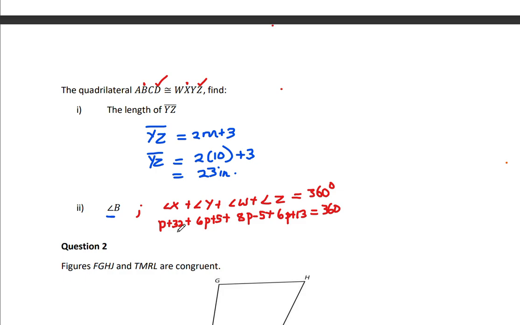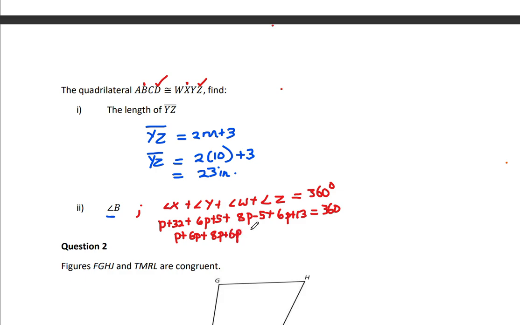So what we're going to do now is group like terms. We're going to put the P's together and the numbers without P's, which are constants, together. So it should be P plus 6P plus 8P plus another 6P, and that is grouping all the P's together.